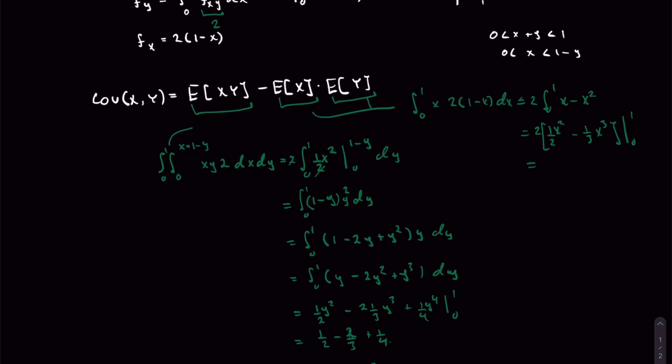What we have remaining is 2 times (1/2 minus 1/3), and with a little algebra, we have 1/3 remaining here.